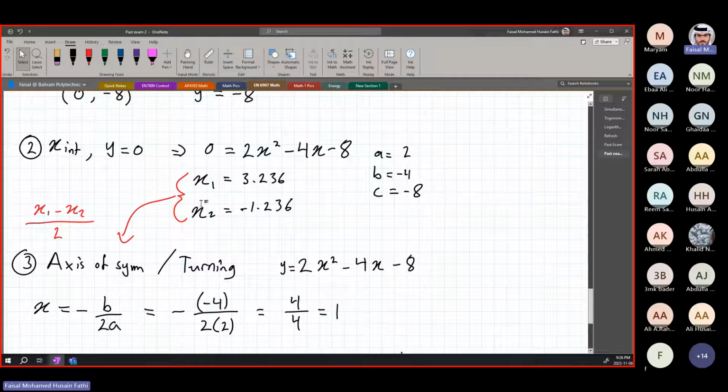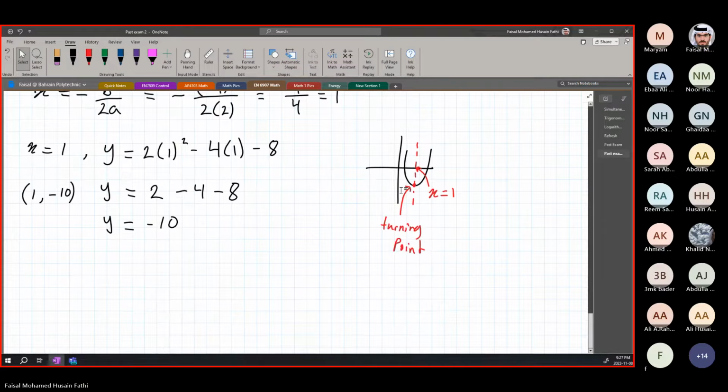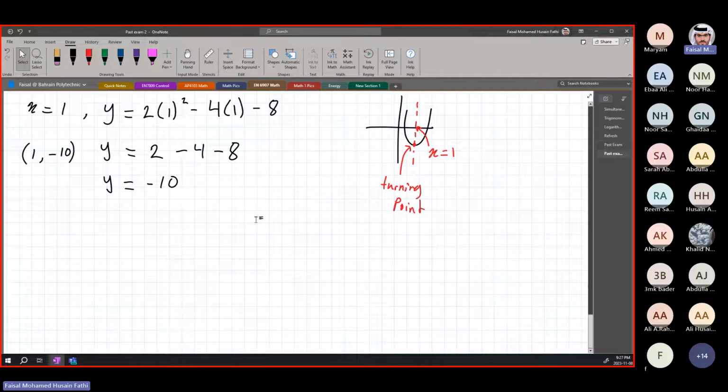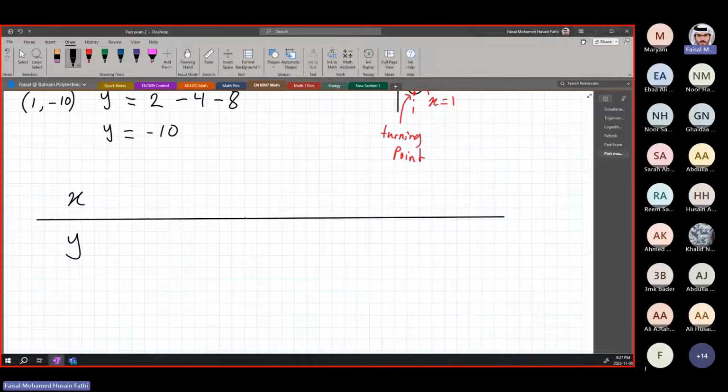In this table I will try to find multiple values of this plot so I can get a general idea of what the curve will look like. How do we do that? We just draw a table and we put random values for x. So here we say the x value and here the y value.